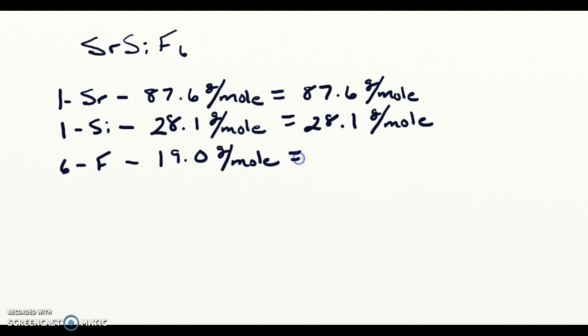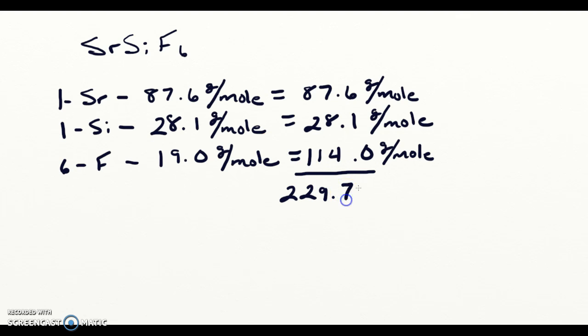If I multiply 6 times 19, I end up with 114. Now all you have to do to find the total molecular mass is add these all up, and it gives me 229.7 grams per mole of this compound.